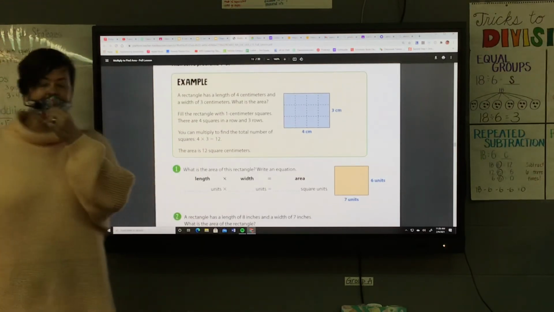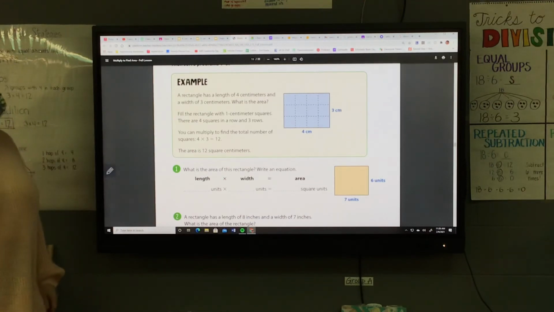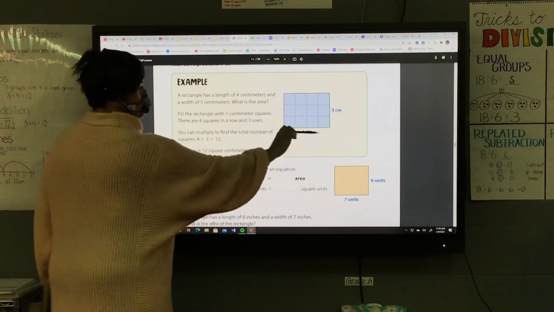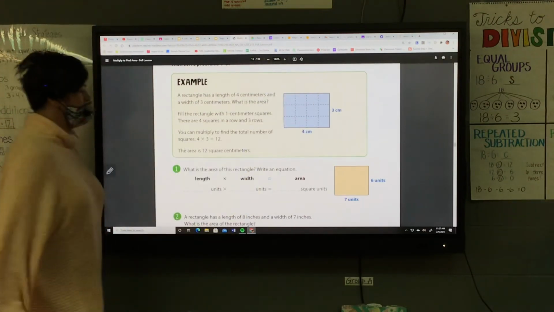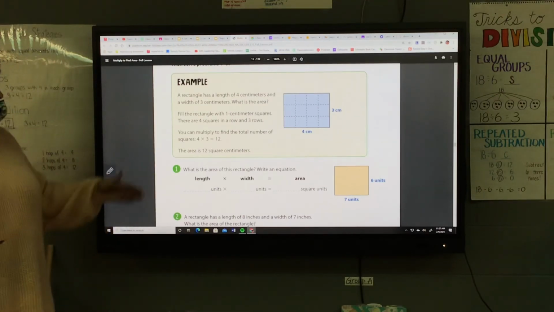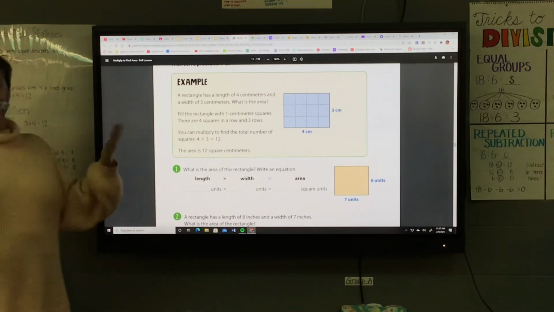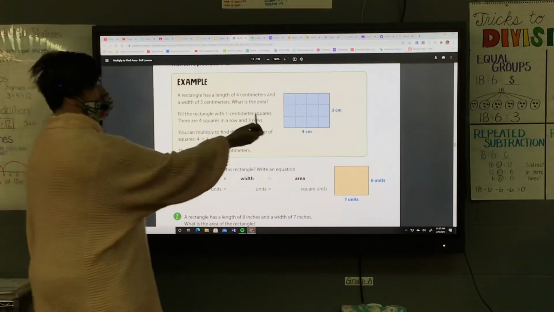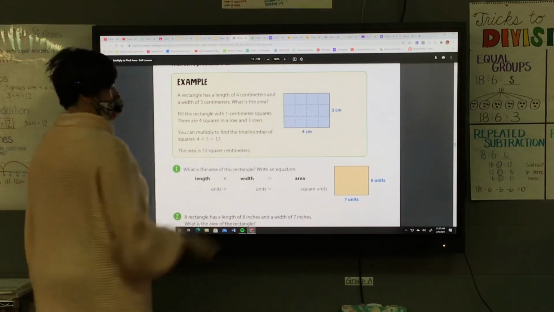Okay, let's look at the example all together. It says a rectangle has a length of 4 centimeters right there. That's our length. And a width of 3 centimeters. So what is the area? Well, you could fill in the rectangle with 1 centimeter squares so that there are 4 squares in a row and that there are 3 rows.